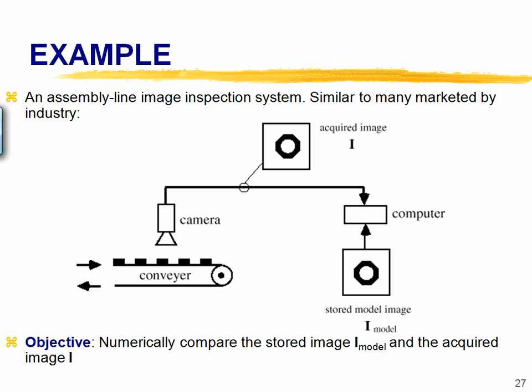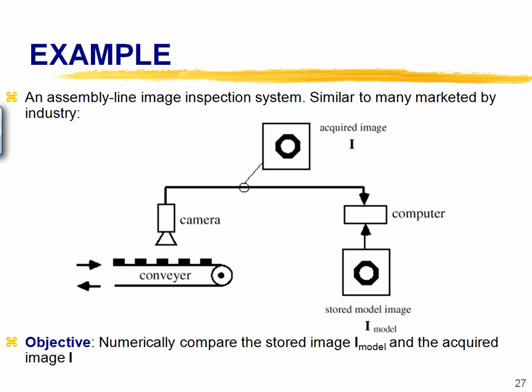So if you had a specification of the particular part that had to be produced, and an image of it, and a camera pointing to a conveyor system where these nuts are being manufactured, and the job of this vision system was to figure out if any of these parts were defective or not, then what you have is essentially a stored model of what that part should look like.